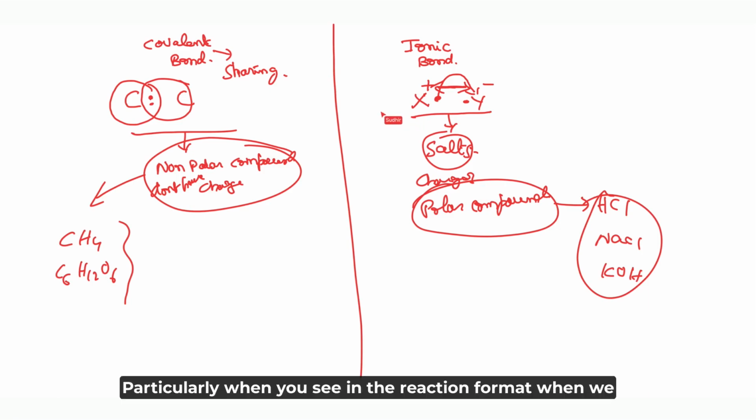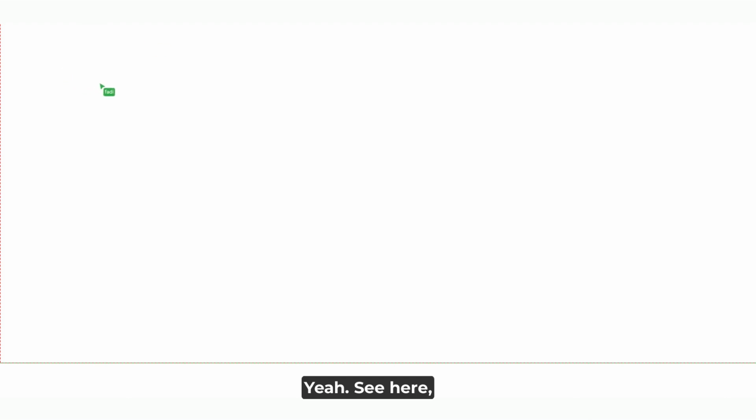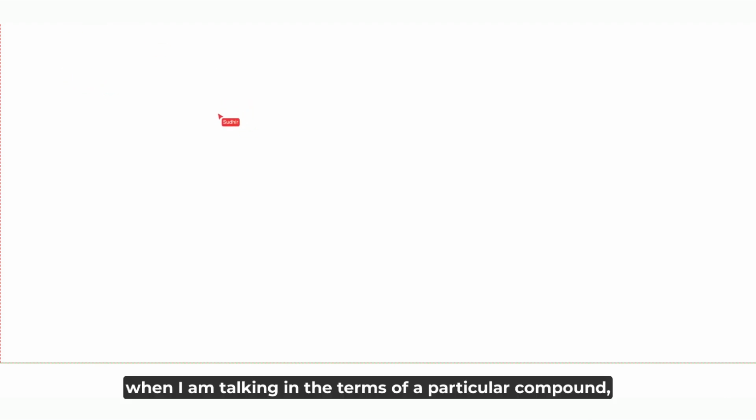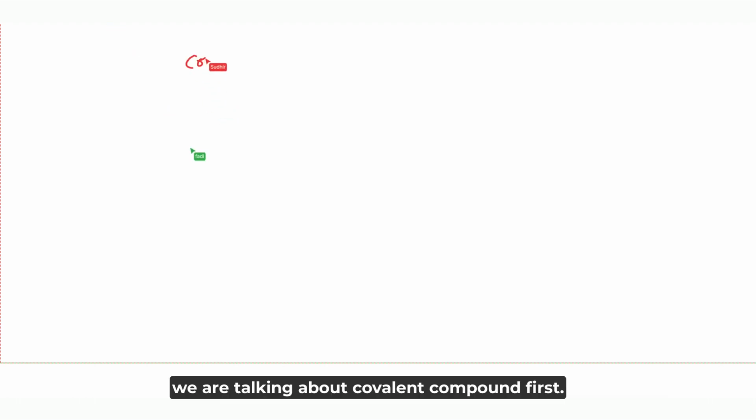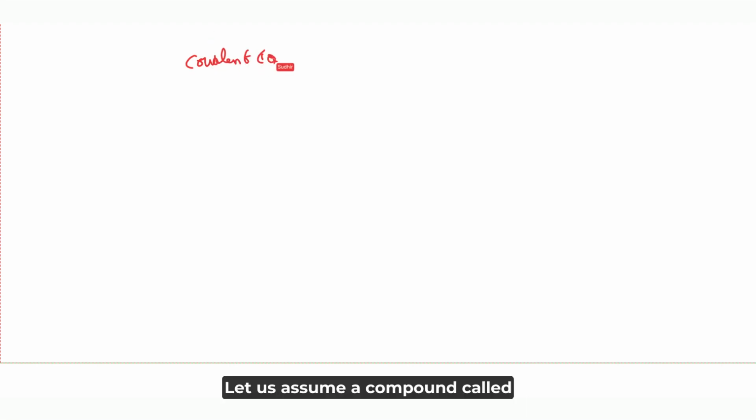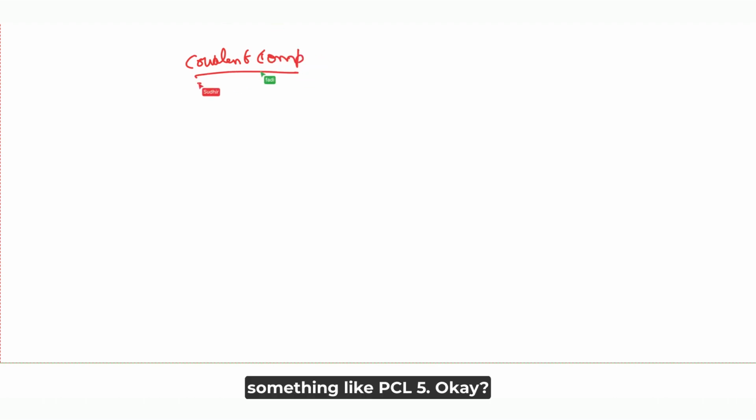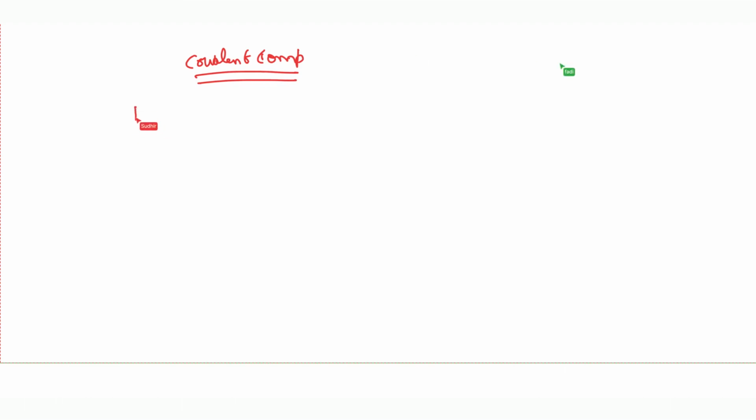Particularly when we talk in reaction format, let us see. Taking a covalent compound first, let us assume a compound like PCl5.